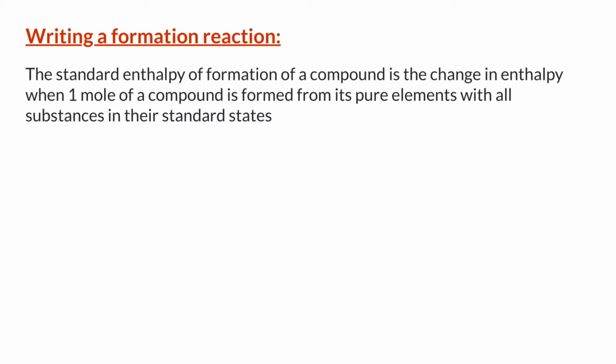Let us write down the formation reaction for methane. Again, according to the definition, 1 mole of methane must be formed from its elements in their standard state. So I place 1 mole of methane on the product side. The standard state of methane is methane gas. A methane molecule contains carbon and hydrogen atoms.